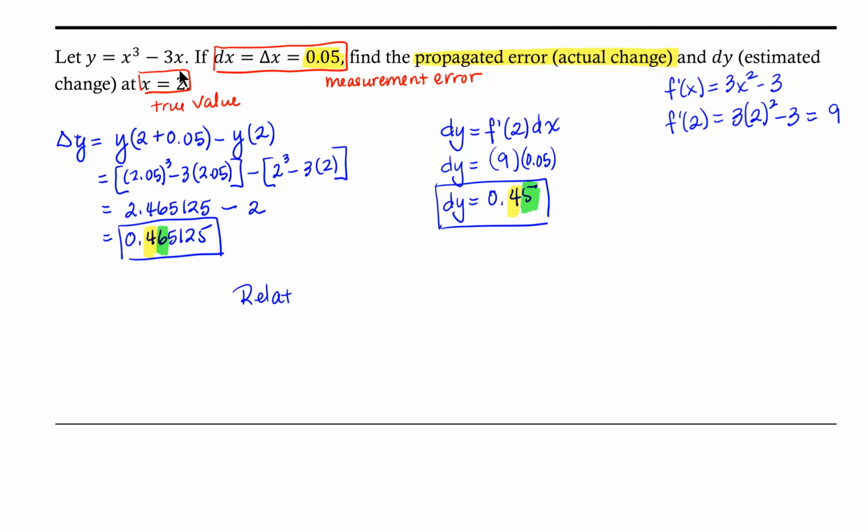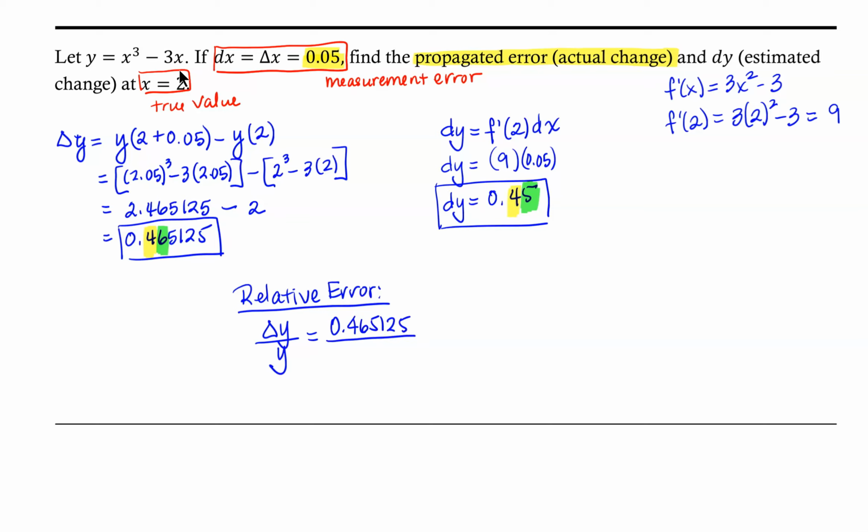So relative change, or relative error in the value of y. So the relative error in the value of y is the change in y over the true value of y. Well, we just saw that the change in y was 0.465125.